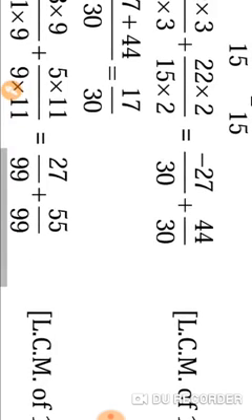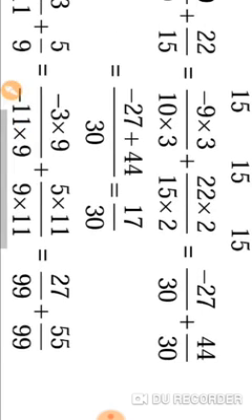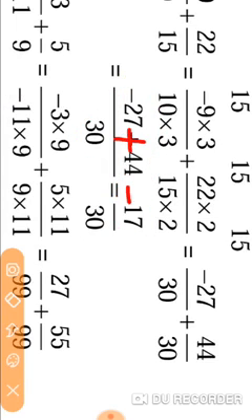Now the denominator is the same, but it is minus 27 plus 44. You know the addition rule in integers. One is a minus, one is a plus, so subtract and keep the bigger number's sign. 44 minus 27 is 17. The bigger number is 44, its sign is plus, that's why it is plus.